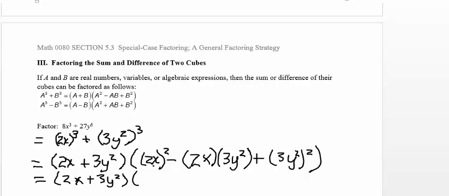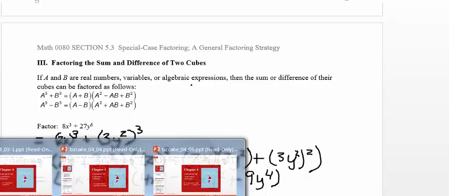So the square of 2x is 4x squared. 2x times 3y squared, subtracted, is the subtraction of 6xy squared, plus the square of 3y squared, which is 9y to the fourth. And this is my final factorization for that.